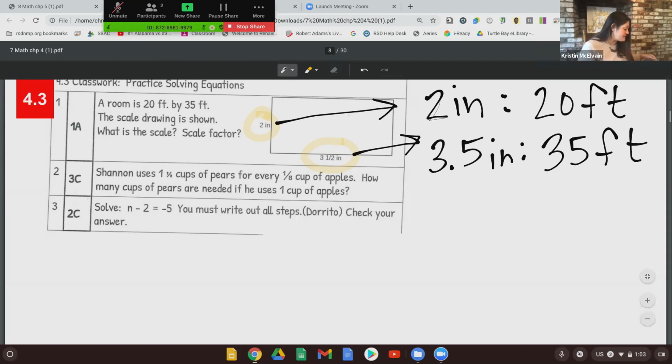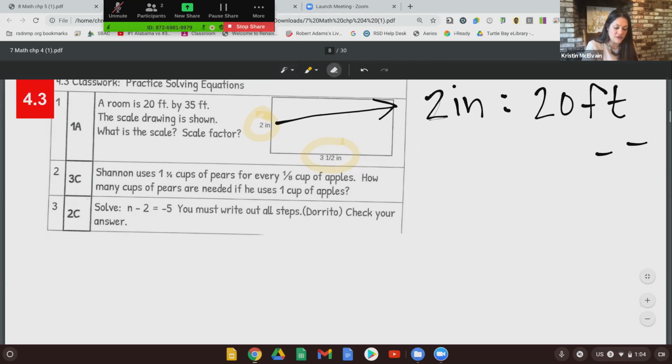Okay, so now we have to figure out what is 1 inch? Ultimately, we want to know how much 1 inch is representing. So let's just take this top one here. If we have 2 inches for 20 feet, what does 1 inch represent?